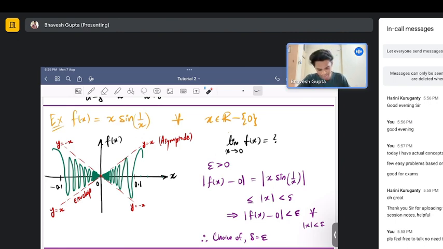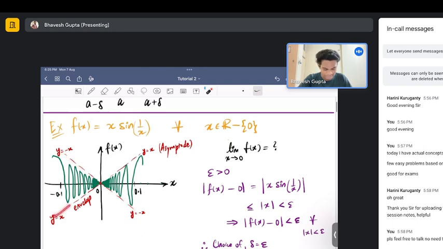You can see the oscillations become tighter when you are closer to the center, for example x equal to 0. Those oscillations are very tight. And you can see this algebraic function, which is x, creates an envelope, and inside this envelope you have this oscillating function.